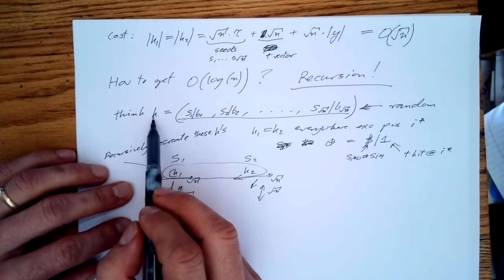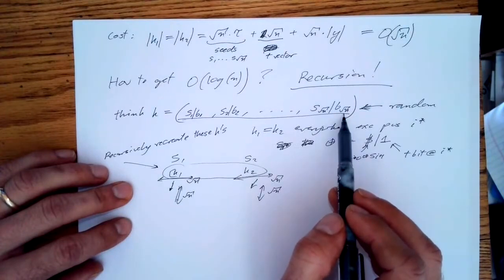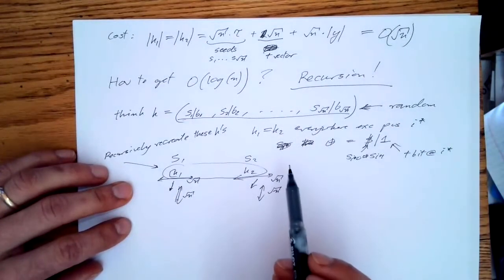So the generator created these square root of length random keys and sent them to S1 and S2.